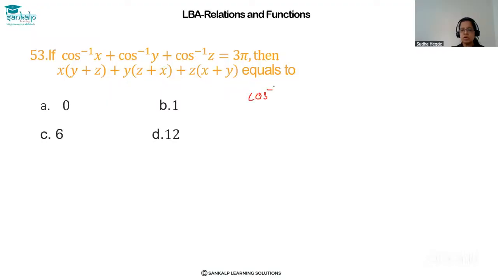Cos inverse x plus cos inverse y plus cos inverse z is equal to 3 pi.